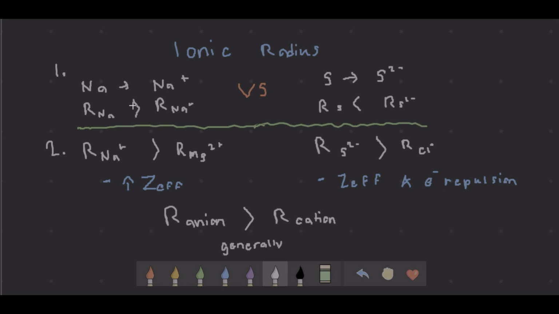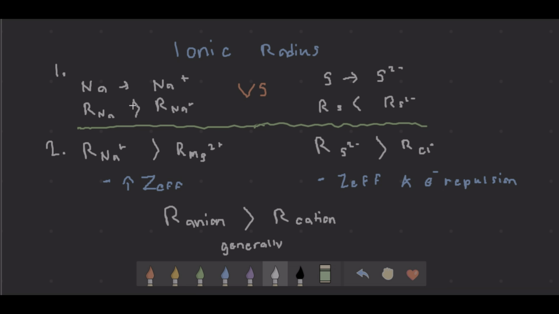Because when a cation forms, the metal, or element, generally sheds its valence electrons. Therefore, it loses an occupied electron shell, meaning that the new valence electrons are closer to the nucleus.